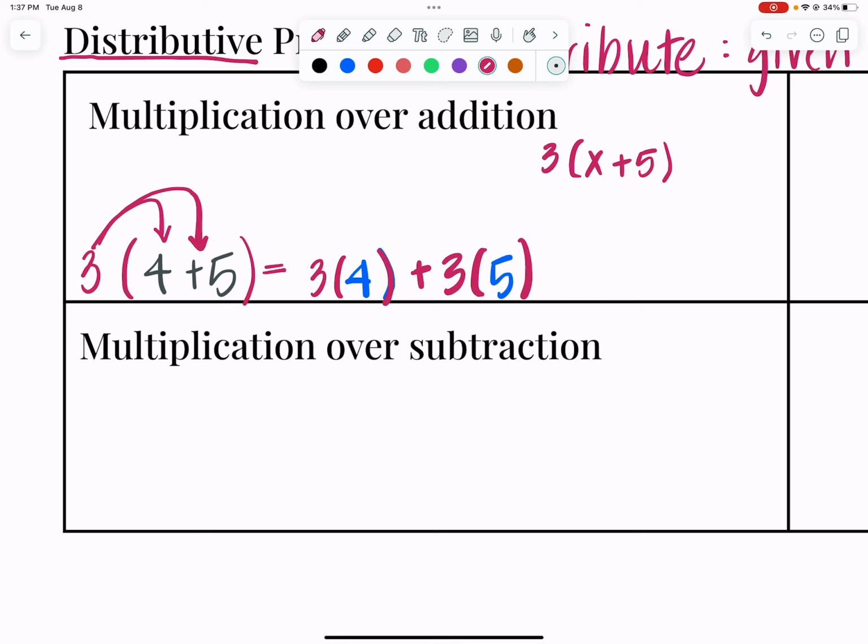And it looks a little more intimidating, but treat it exactly the same way you would 2 little kids that you're giving ice cream to. 3 gets multiplied by the x. And then 3 gets multiplied by the 5. That's what the distributive property looks like.